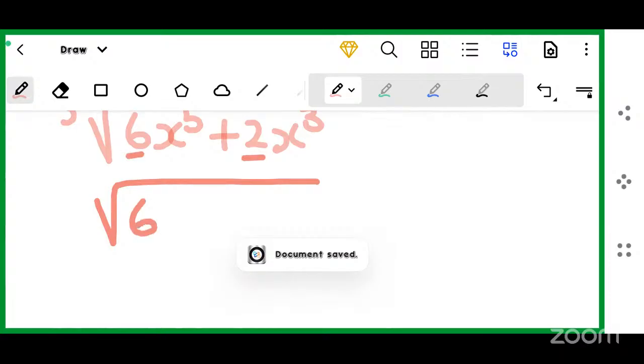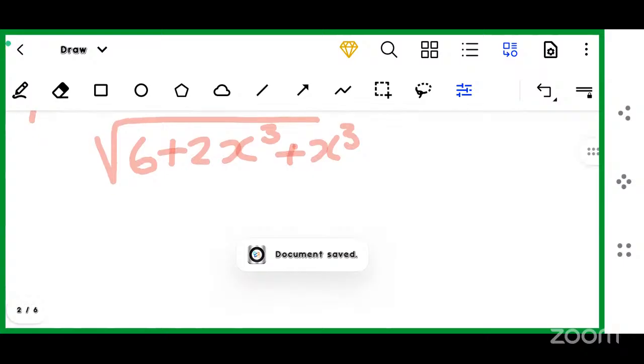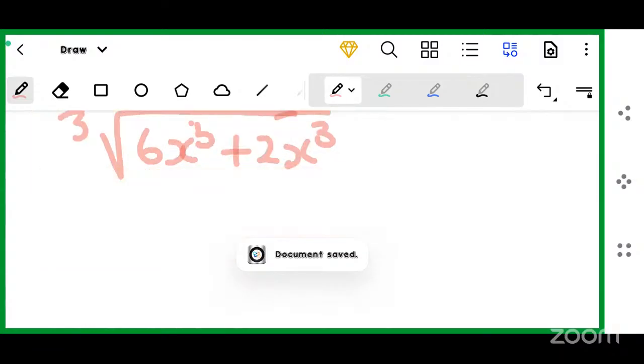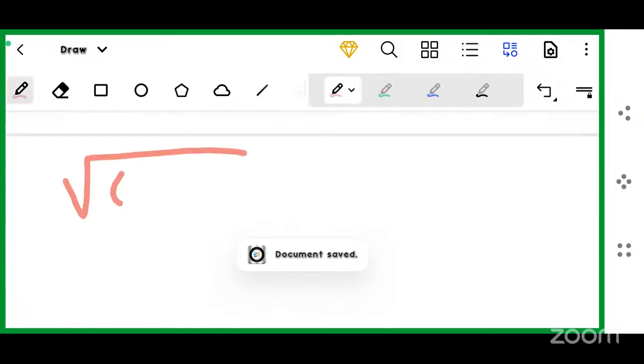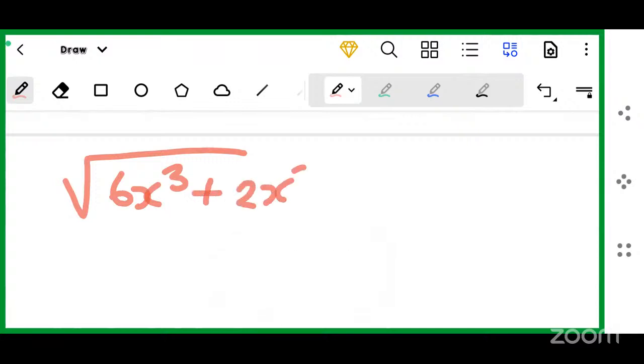You can group these two, 6 plus 2, and multiply by x to the power of 3. Okay, no, now I'm making a mistake. So it's the cube root of 6x to the power of 3 plus 2x to the power of 3.